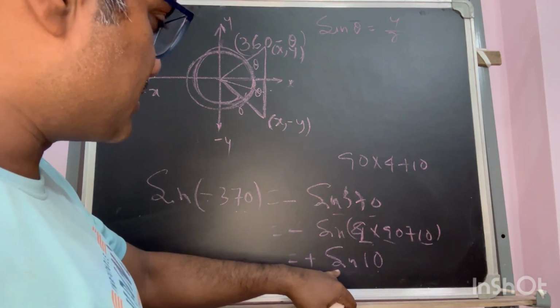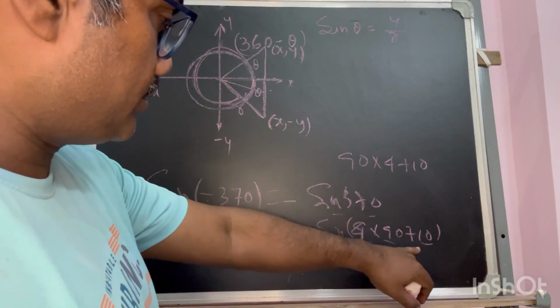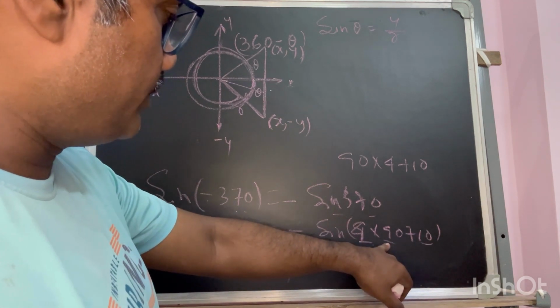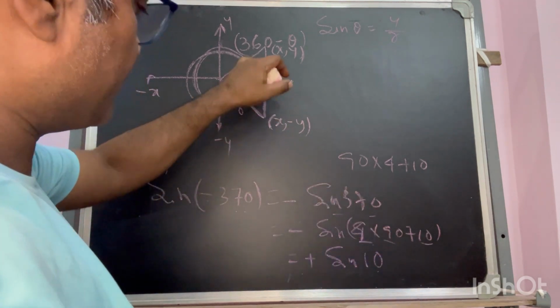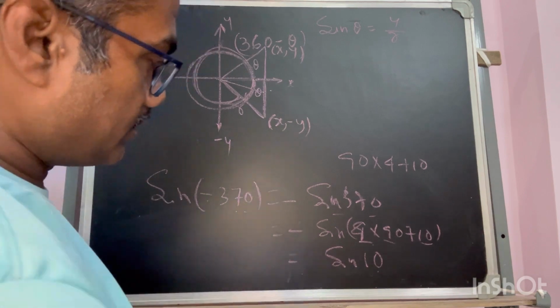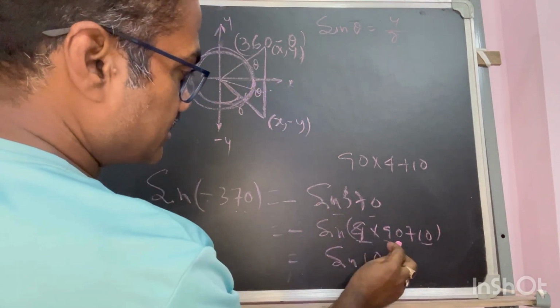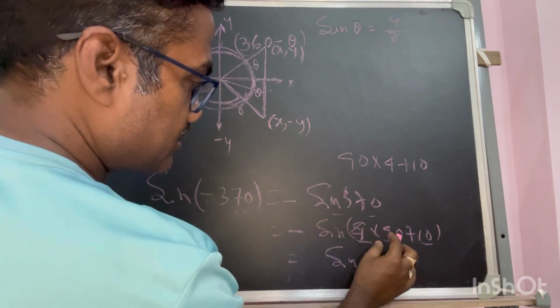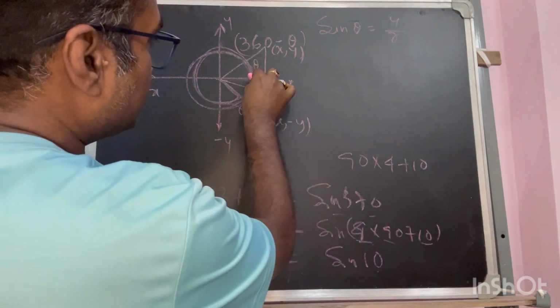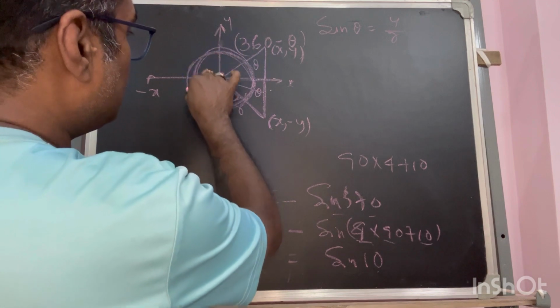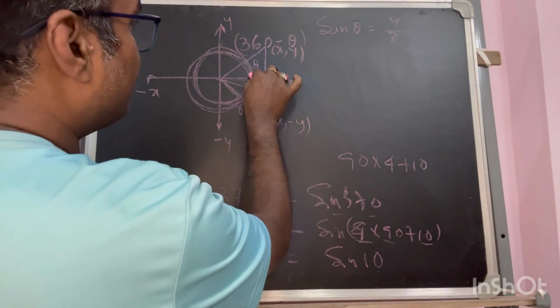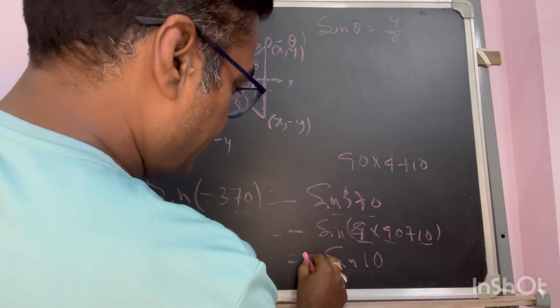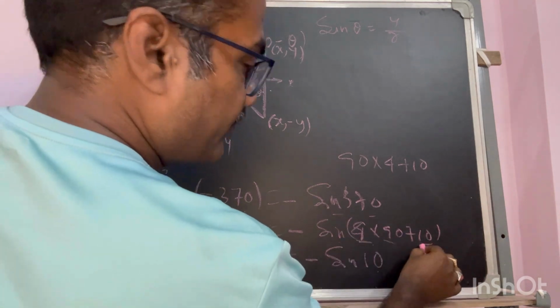For 4 into 90, sine will be sine. Fourth quadrant, no, this will not be in the fourth quadrant, this will be the first quadrant. Sorry, I made a mistake. If I consider it as a positive angle, and I have taken out the minus, then 4 into 90 means 1, 2, 3, 4. Then after it moves 10, this would be in the first quadrant.